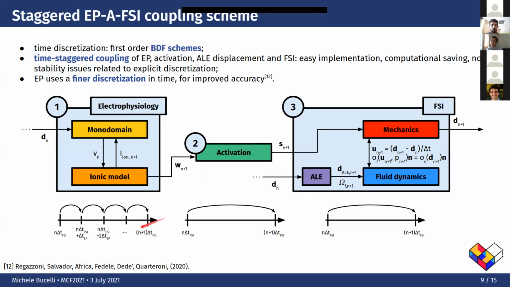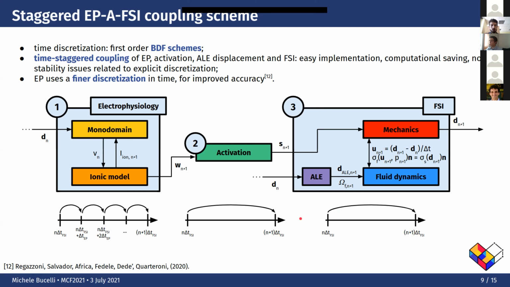At the beginning of every time step, we perform a few small time advancement steps for the electrophysiology model. Then we take the last computed vector of ionic variables and send it to the activation model, which is solved for one single large time step. And the activation state S is fed finally to the mechanics model.